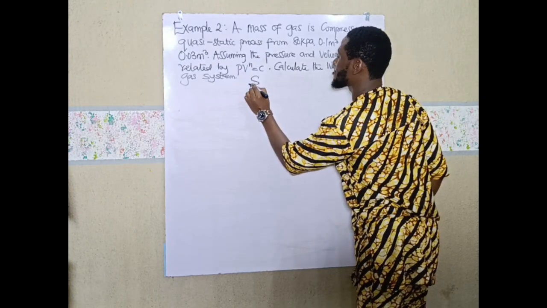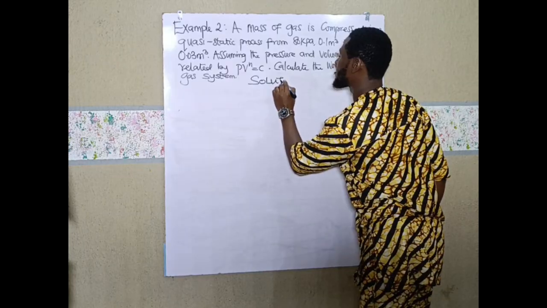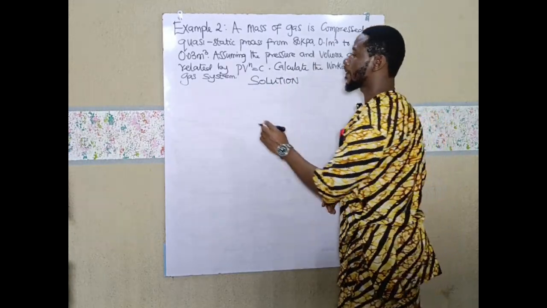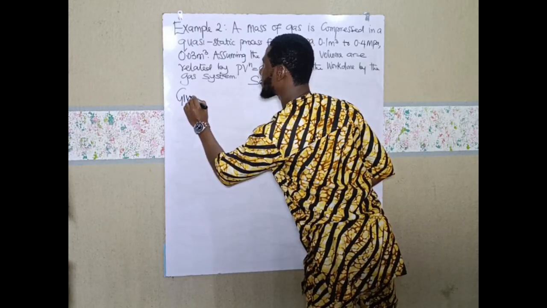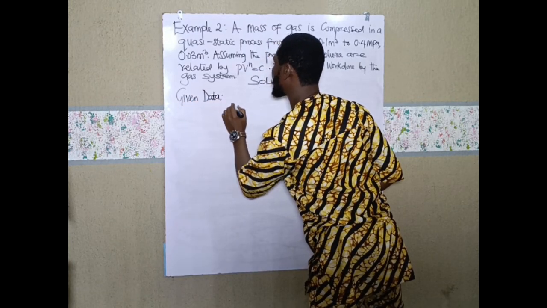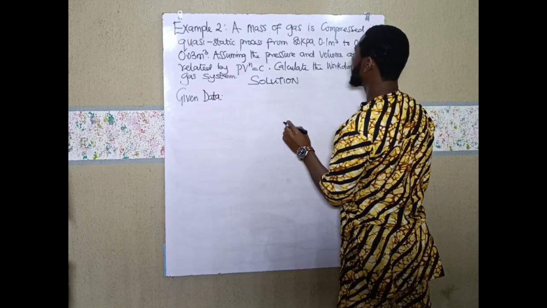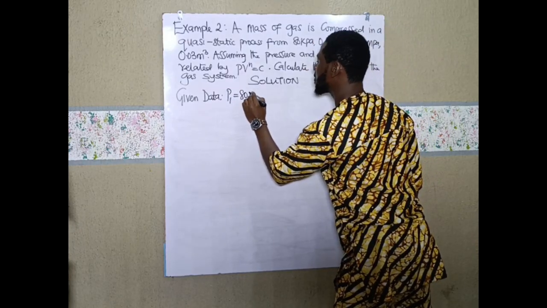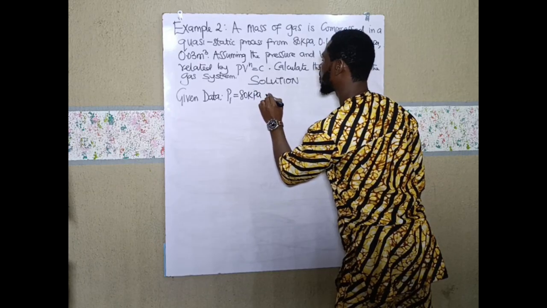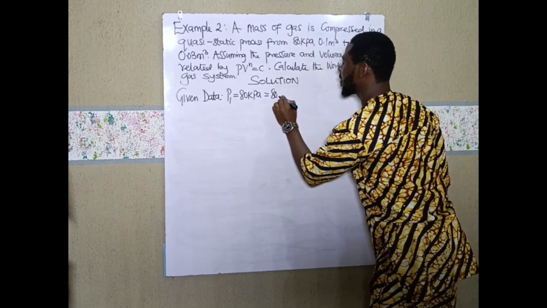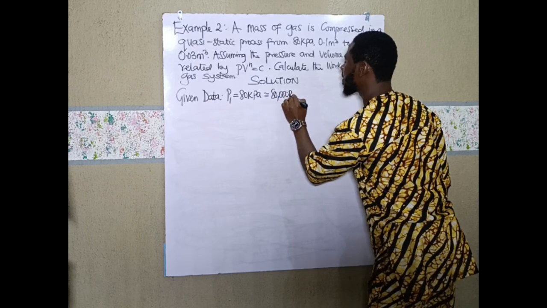Solution. Step 1. Given data. Initial pressure P1 is 80 kPa, which is the same thing as 80,000 Pascal.